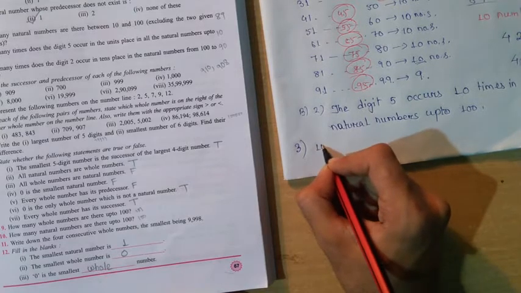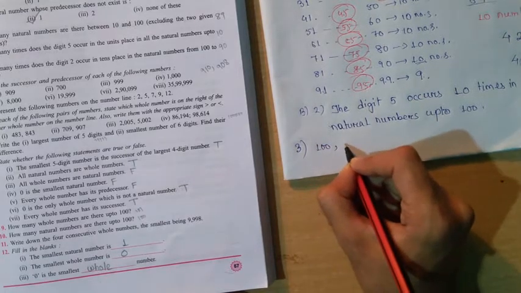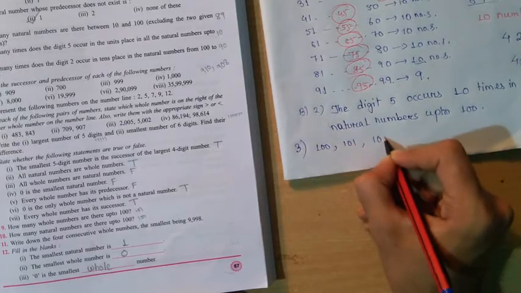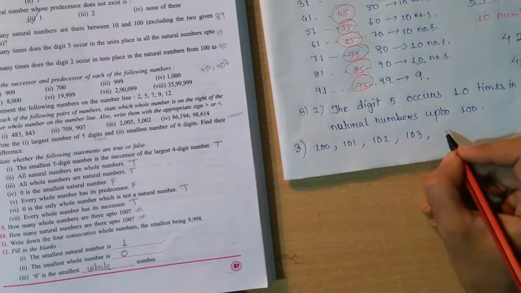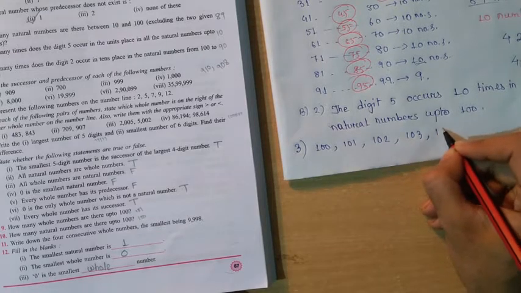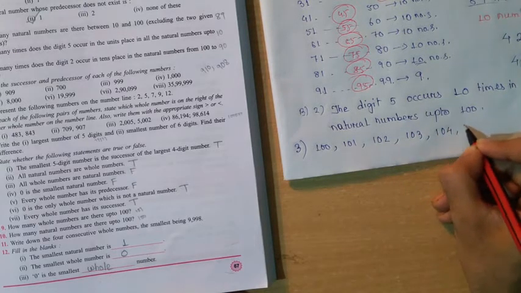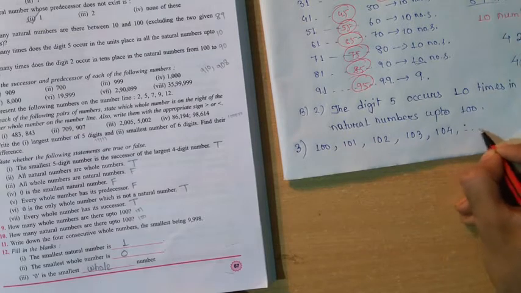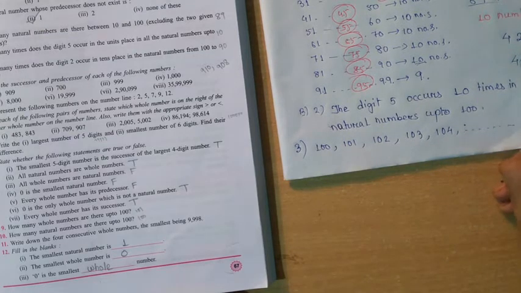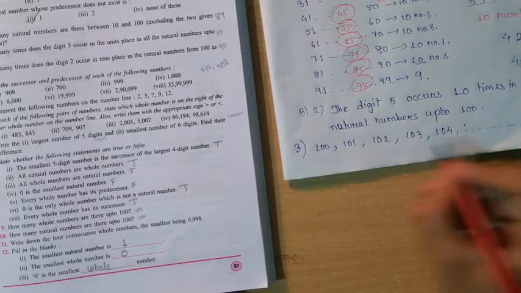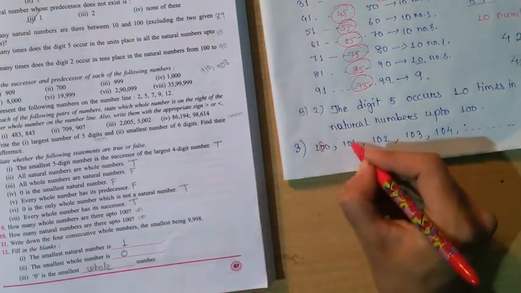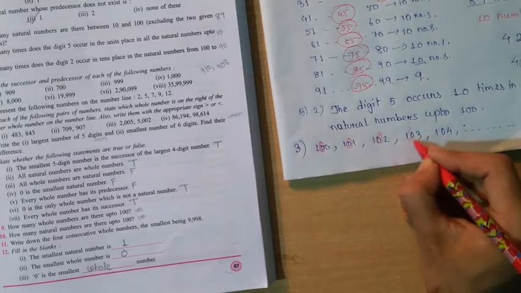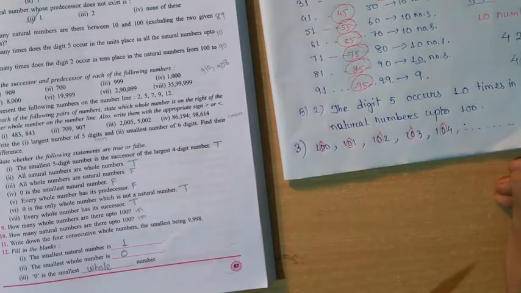So we start from 100, 101, 102, 103, 104. We go on writing this way. The last number here will be 110. So in the tens place, you can check here, this one, this one, this one. Here you will not get 2 anywhere.